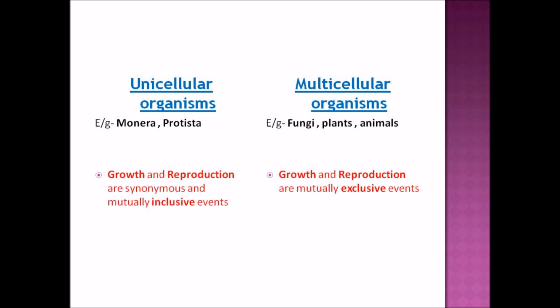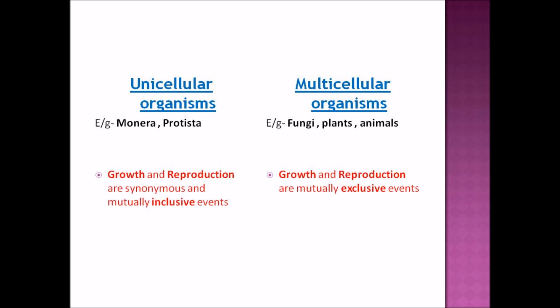In case of unicellular organisms, growth and reproduction are synonymous. That is, they are the same, and hence we say these are mutually inclusive events. Why do we call it synonymous?